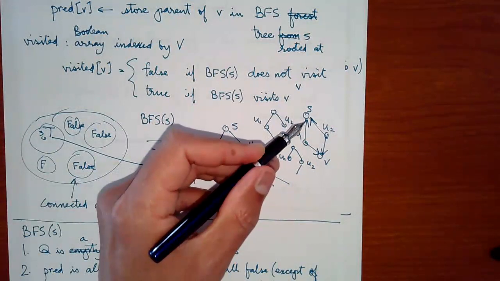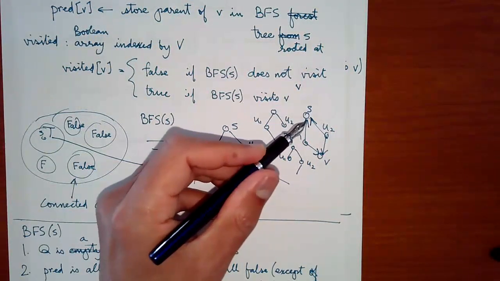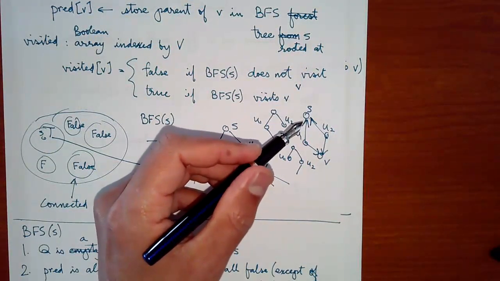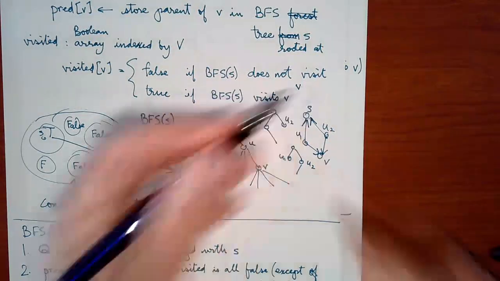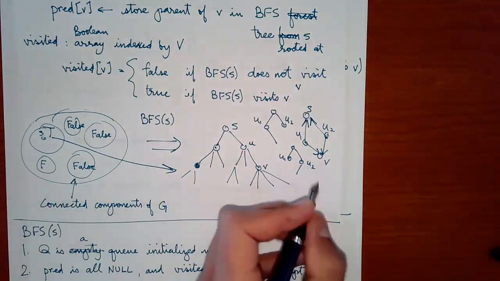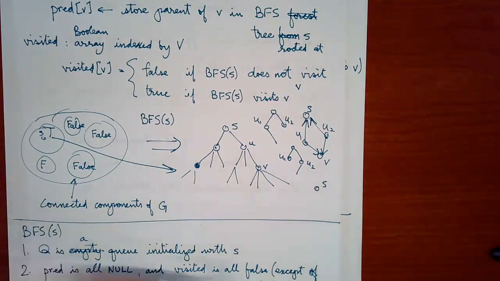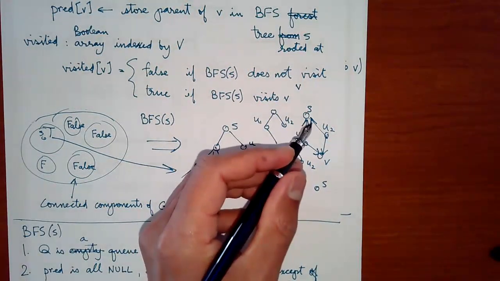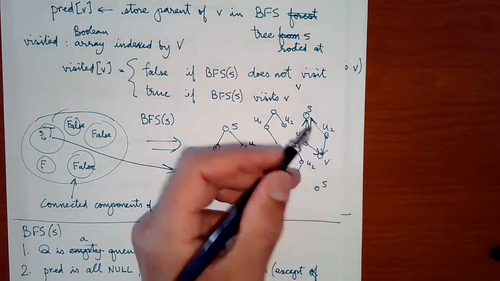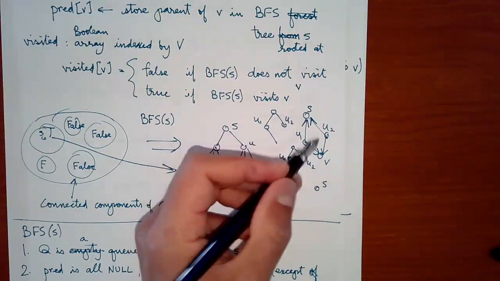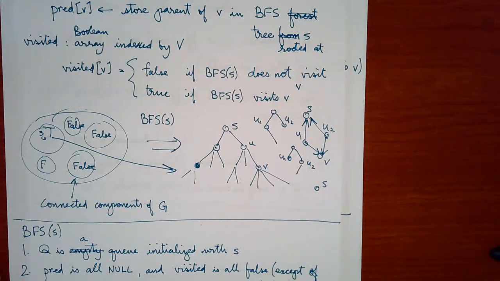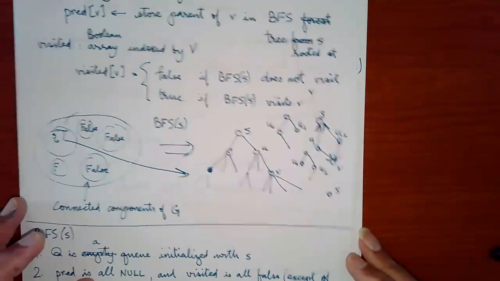There's actually nothing that is connected. S doesn't have a path to any vertex, in which case the output would just be S as a singleton. The tree would simply be S. That's it. Because there is no V such that there is a path from S to V. Is that clear? Yes, thank you.